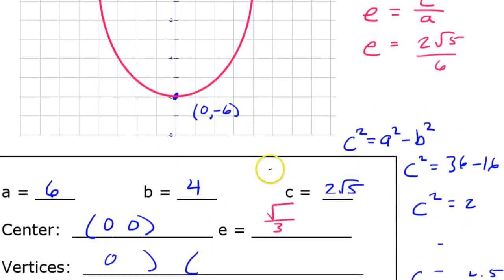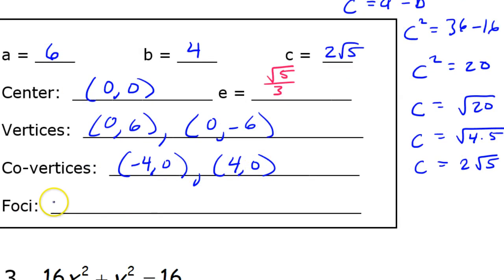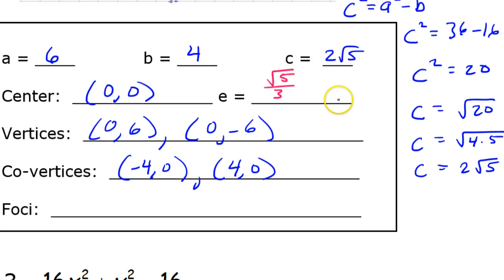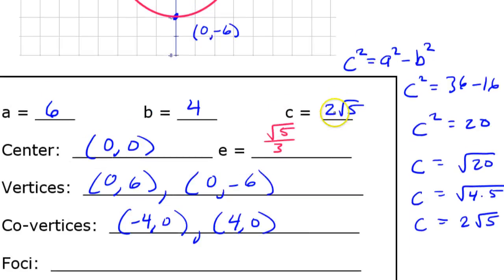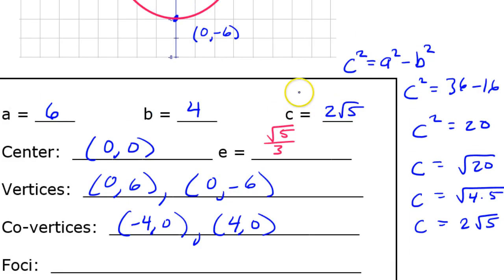So the last thing we need to do is figure out what the foci are and graph them. So the foci will be associated with the C value. For the purposes of graphing, it would be helpful to know the approximate decimal value of this.